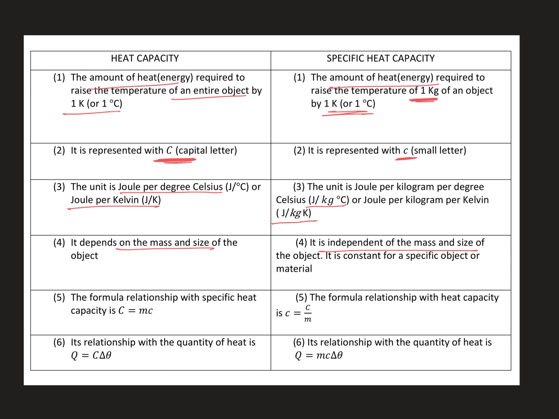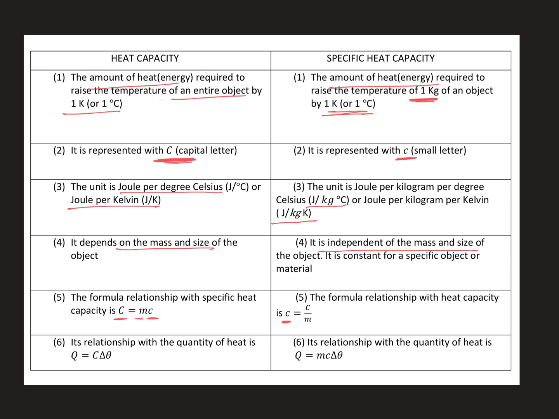The formula relationship with specific heat capacity is that the heat capacity C is equal to mass times the specific heat capacity. The formula relationship with heat capacity is that specific heat capacity is equal to the heat capacity divided by the mass.